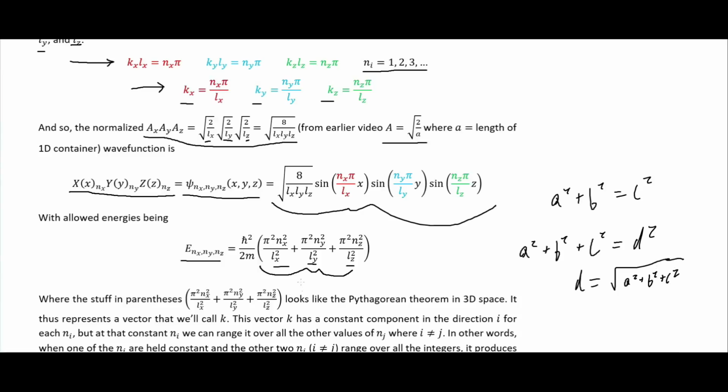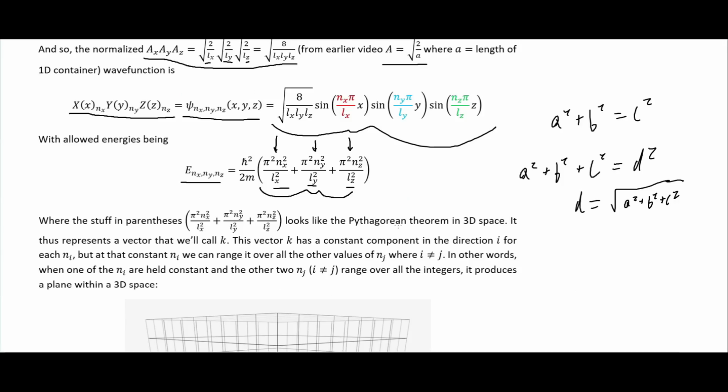And this looks kind of like that, because we have sort of an a squared, a b squared, and a c squared right there. And so it looks like a line in 3D space, and a line with a direction in 3D space is a vector, so we will call that the vector k. So for now, k with no subscript.